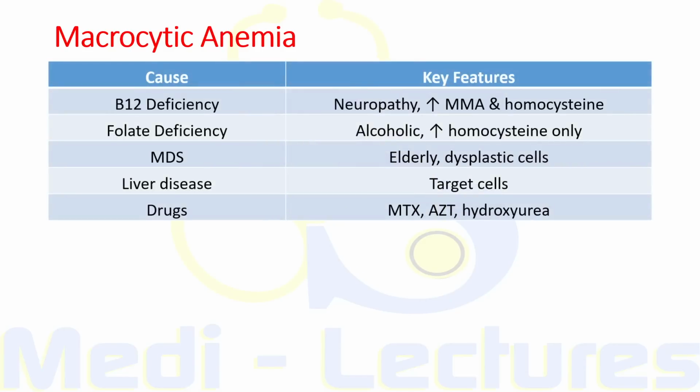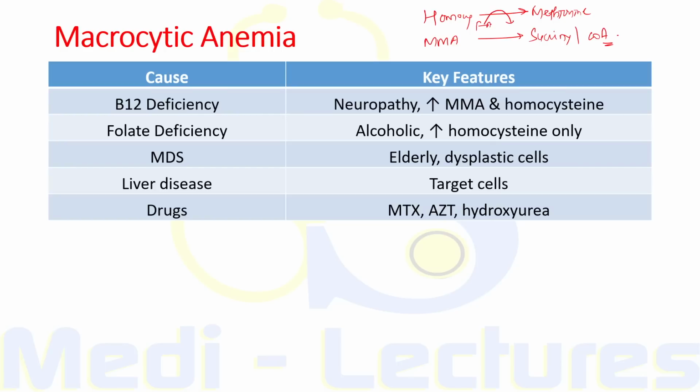Coming on to macrocytic anemia. So causes include B12, folate deficiency, myelodysplasia, liver disease and drugs. So before discussing this, we need to understand that B12 is required for two reactions: conversion of homocysteine to methionine and conversion of methylmalonic acid to succinyl coenzyme A. Now, folic acid is also required for this first reaction.